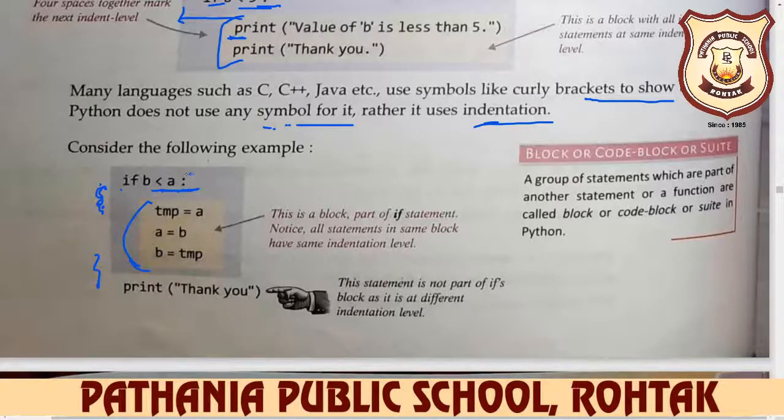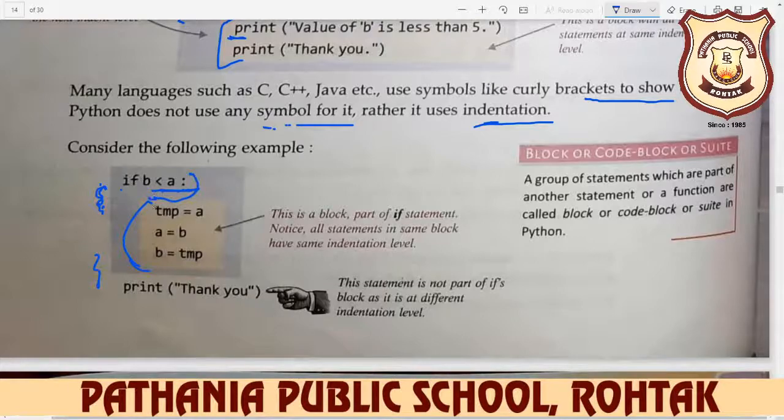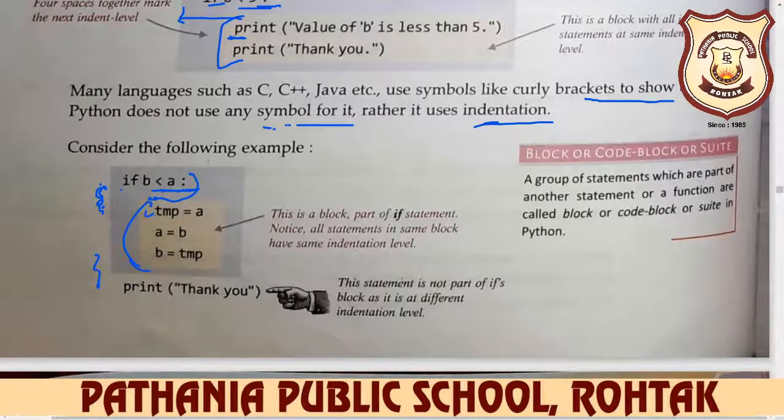So when you press the enter key, your cursor automatically moves here. You don't press the backspace key and don't change the position of the cursor. If you change the position of the cursor, an error will be present in your program. Clear?